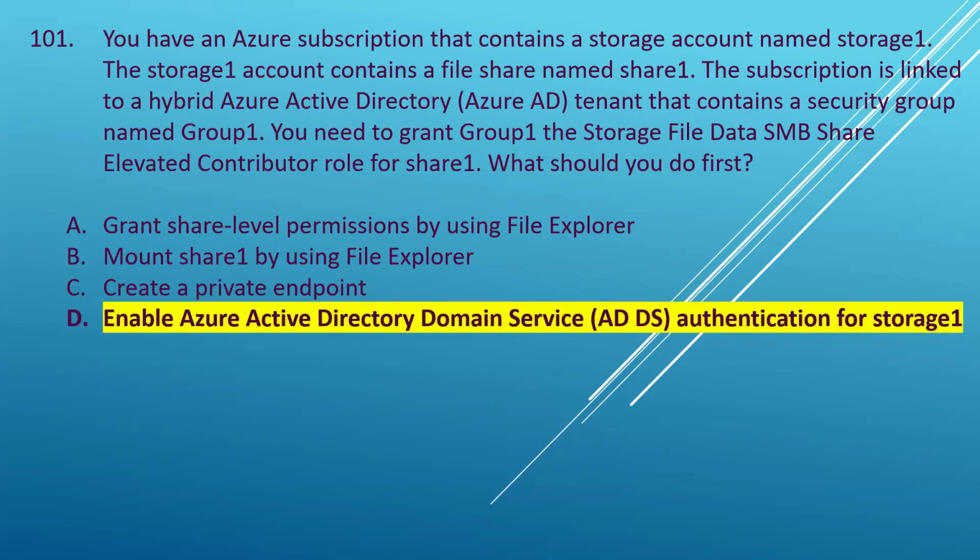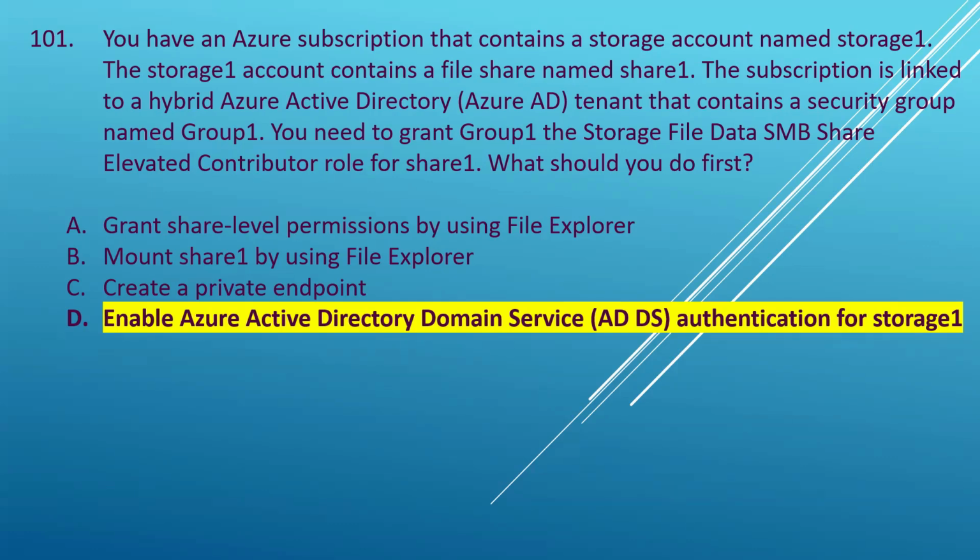Enabling Azure AD domain services authentication allows you to use Azure AD-based identities, including security groups like Group1, to manage access to Azure Files SMB share. Once AD DS authentication is configured, you can assign Azure RBAC roles like storage file data SMB share elevated contributor to Azure AD security groups, granting them access to specific Azure resources like Share1.